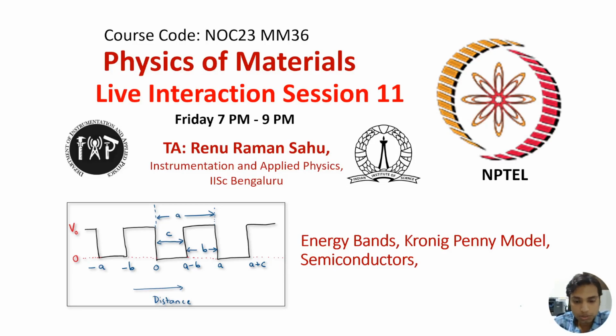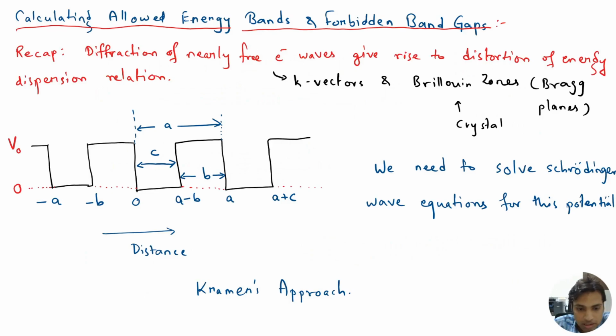So what we were doing till the last class was we saw in a qualitative way the formation of energy bands, and we attributed it to the diffraction of the electron waves, which are the nearly free electrons.